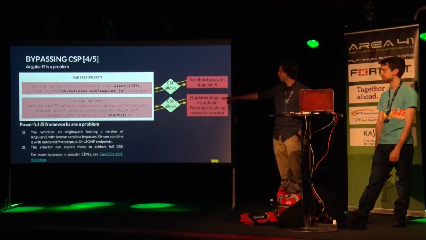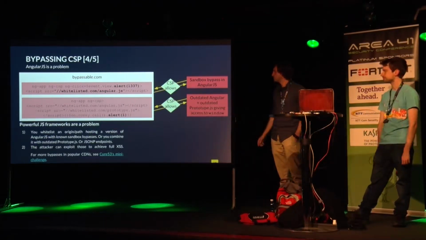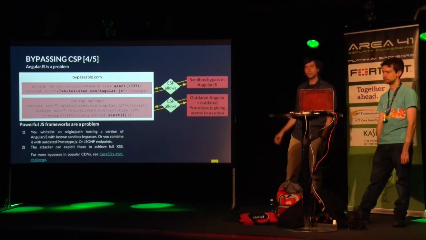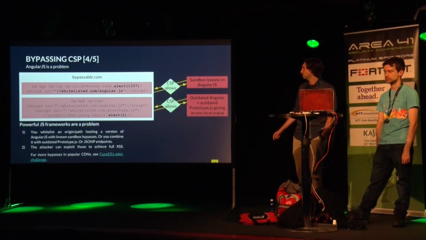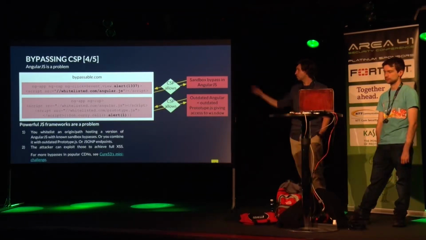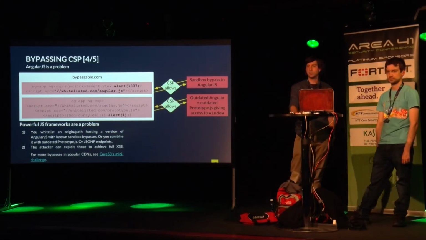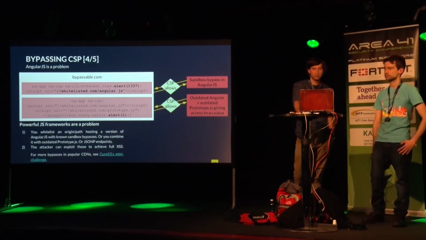This works if there's also prototype.js. These examples are taken from Q53's mini challenge site, which is a really good source to get started with reading that kind of stuff. There's a full collection of sandbox escapes and CSP bypasses, so highly recommended. It's really cool.